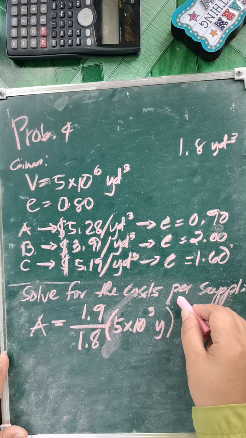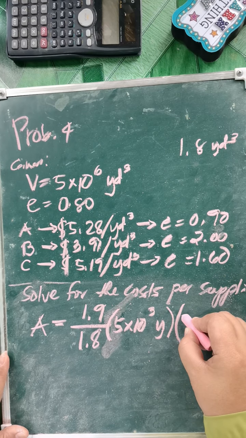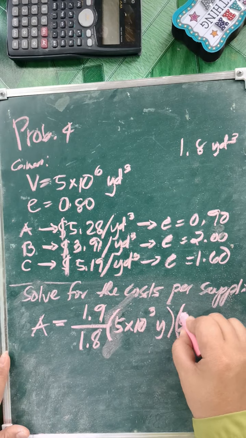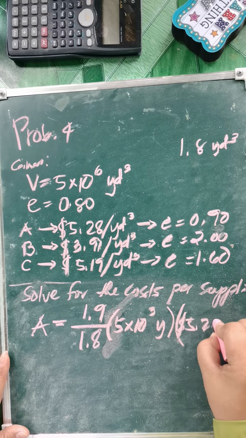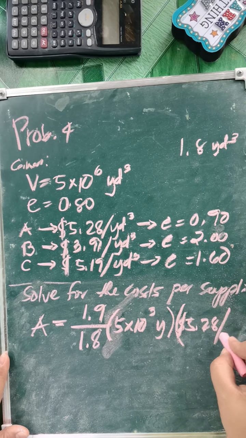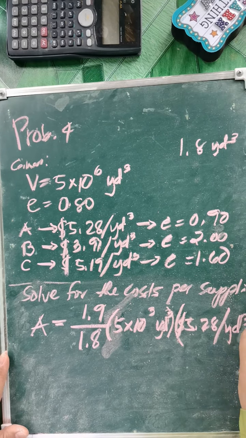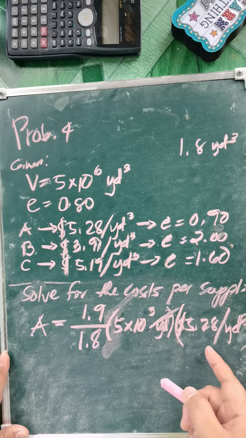Then we multiply this with the price, that is $5.28 per cubic yard. The units cancel out.